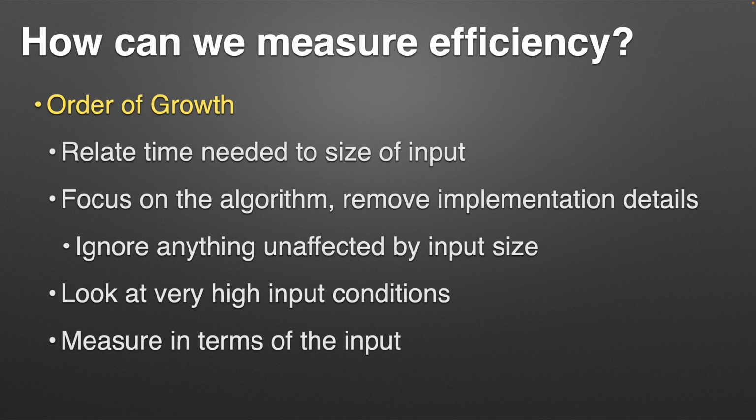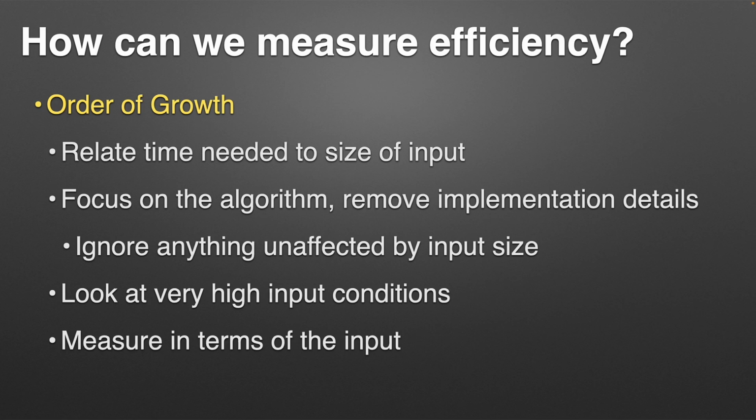And so we don't want to consider any of the specific implementation details that don't matter. We want to ignore anything that doesn't depend on the input size, right? So any temporary variables or things that just happen once, those are negligible. And we want to measure everything in terms of some input.